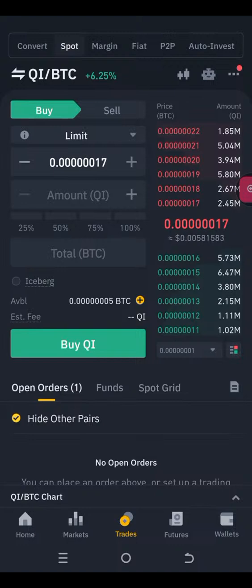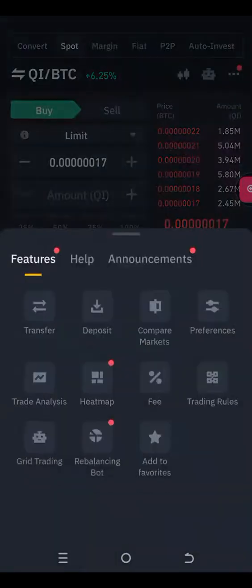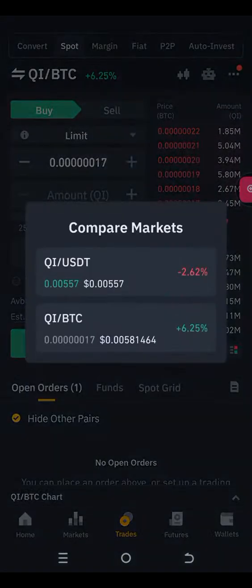Let me show you through the compare markets. Right now we have QI, USDT, and BTC here, and we just want to check which one is cheaper, because don't forget, we are buying low and selling high. These are the two markets where QI, our target coin, is listed.